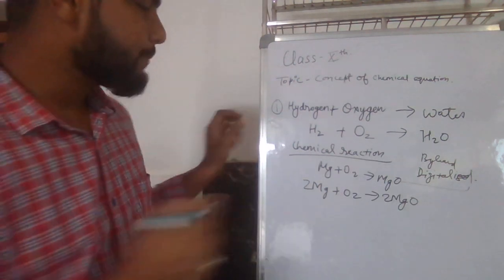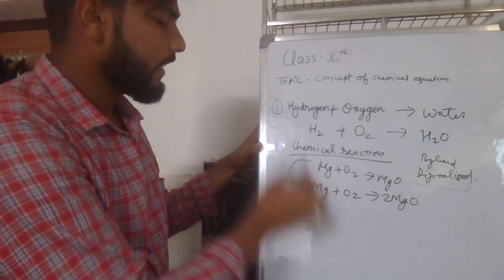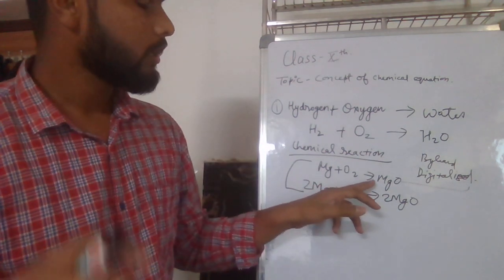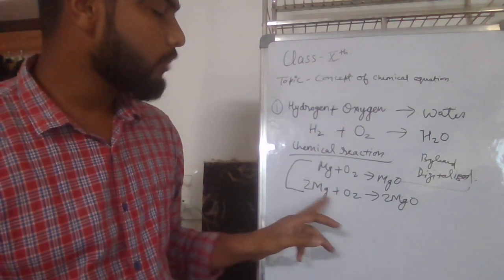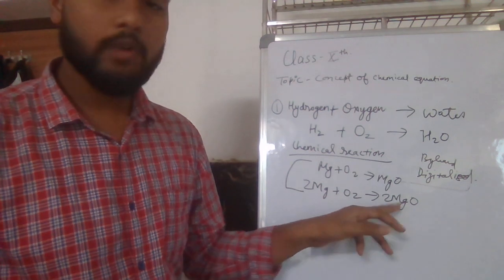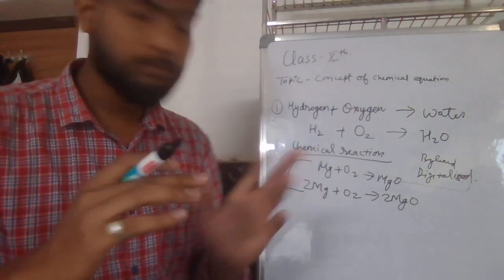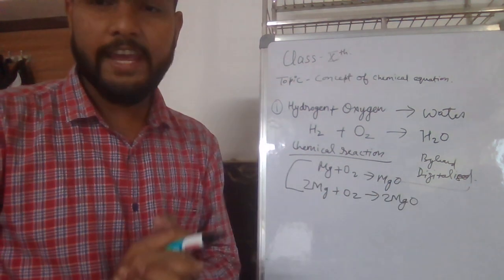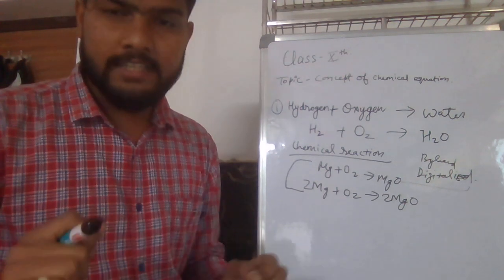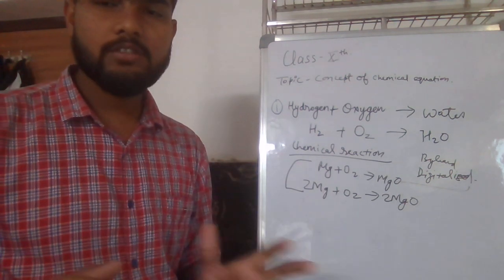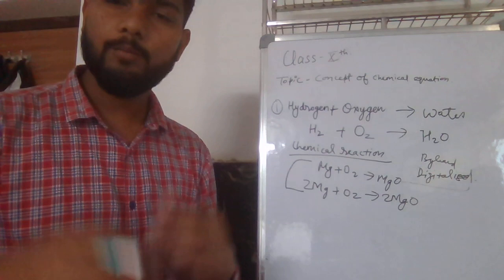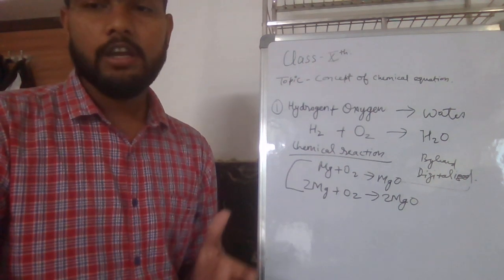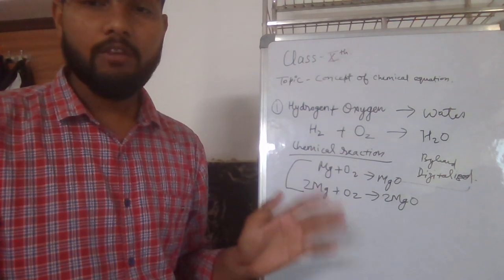Tell me the difference between these two equations. Do you notice the number of atoms of different elements on both sides of the arrow in each of the above equations?